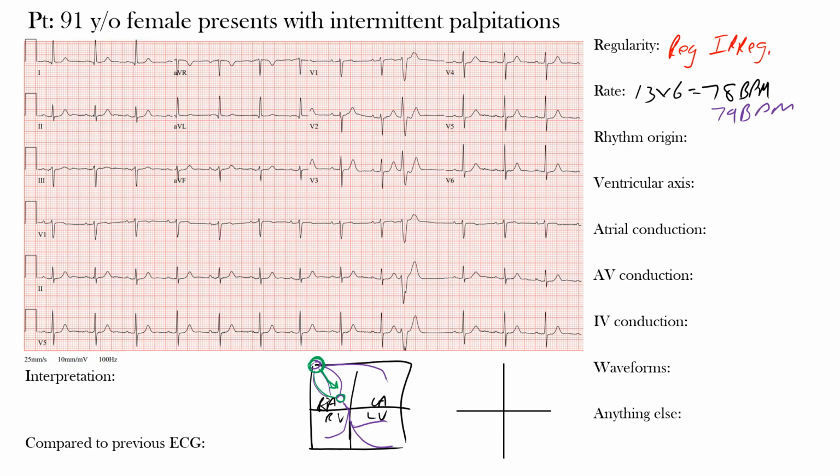So if we were to superimpose the right atrium on this, imagine this is our right atrium here that we're putting on this vector, our sinus node sitting up in this area, and the vector heading in this direction, you would see that the normal P wave axis, which represents the atrial depolarization, is between 0 degrees and about here, positive 75 degrees. So this is where that normal P wave axis heads.